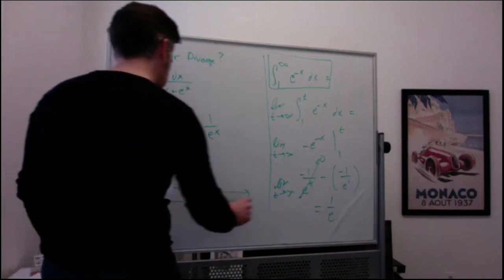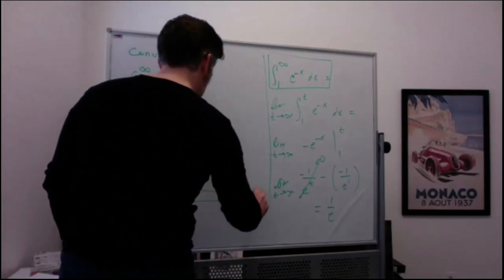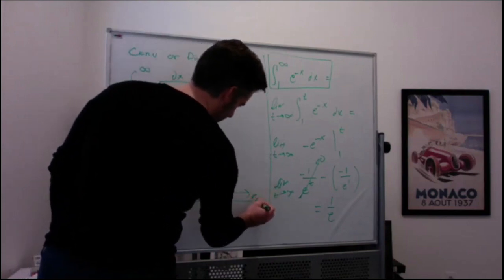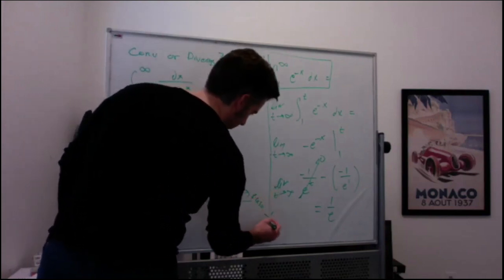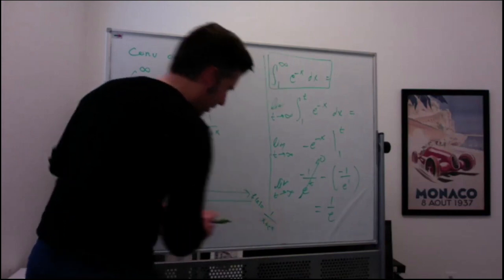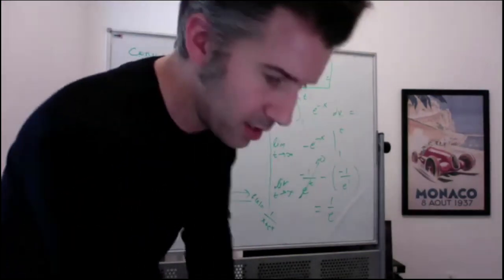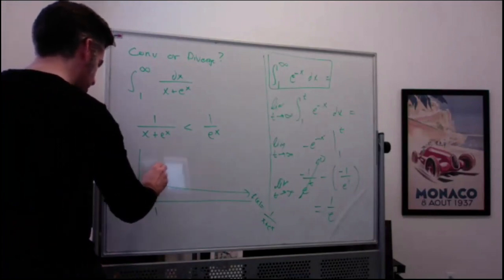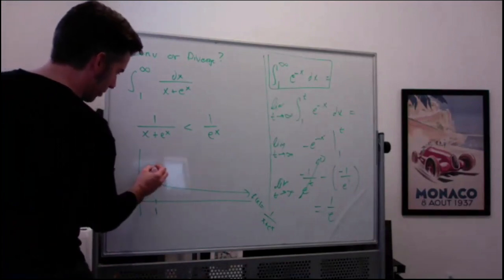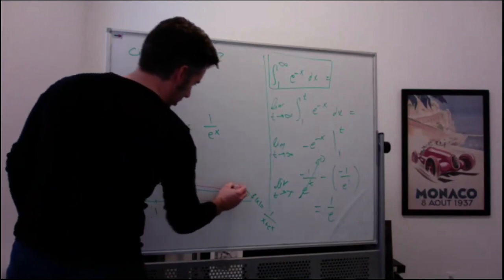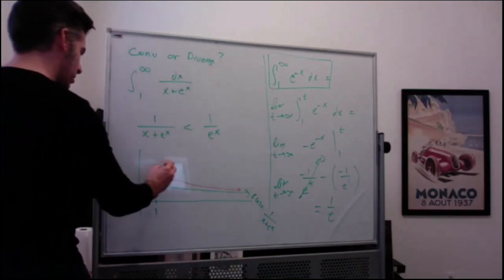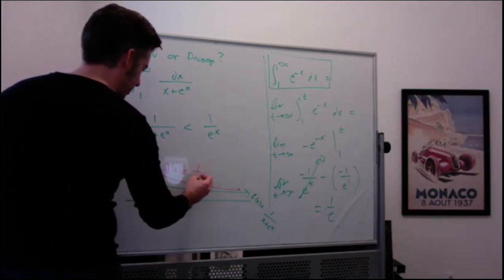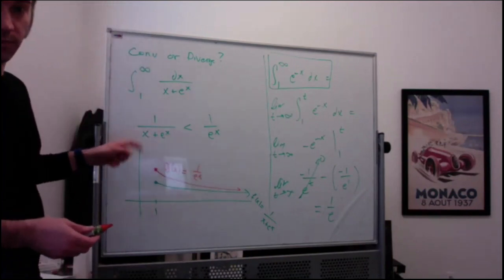So here is, in green, f of x equal to 1 over x plus e to the x. And now here's what I'm going to say. In red, here's the function 1 over e to the x. Also getting smaller and smaller, but is definitely bigger than this function.